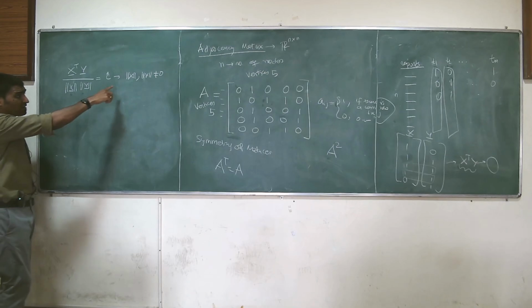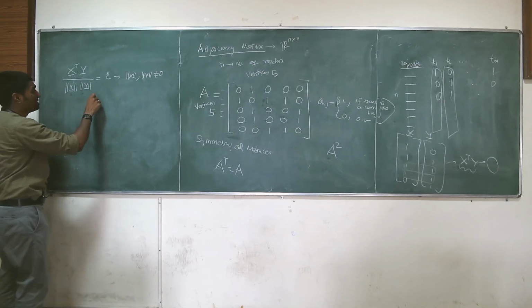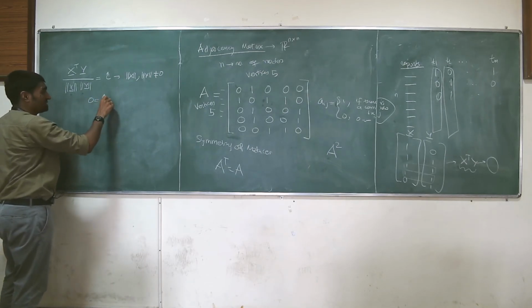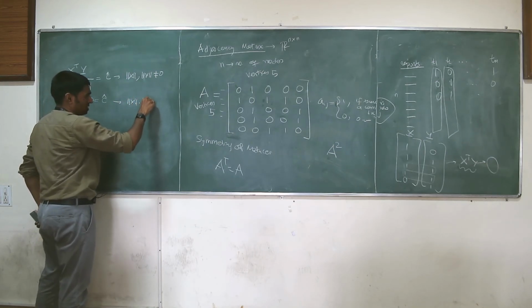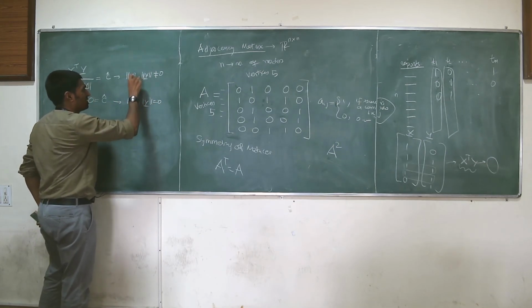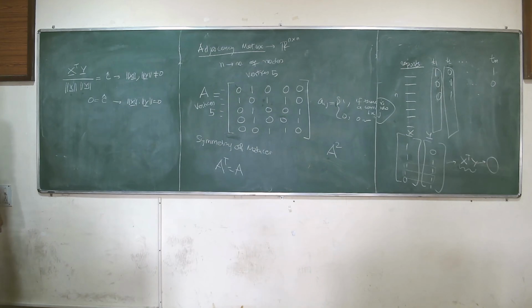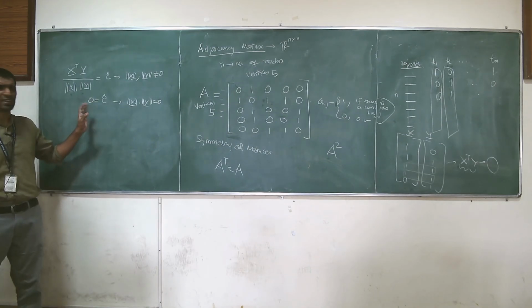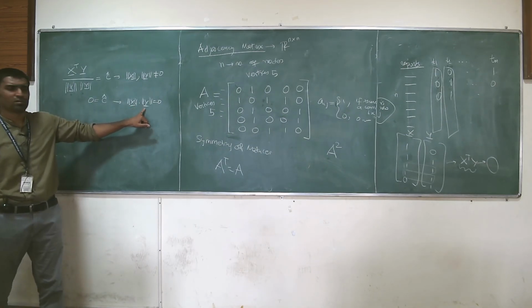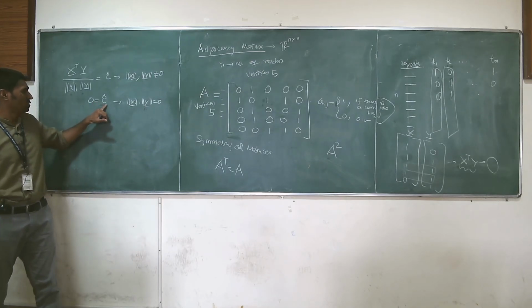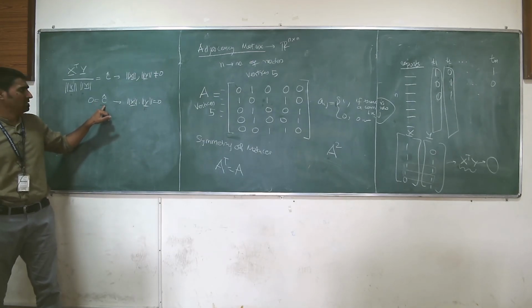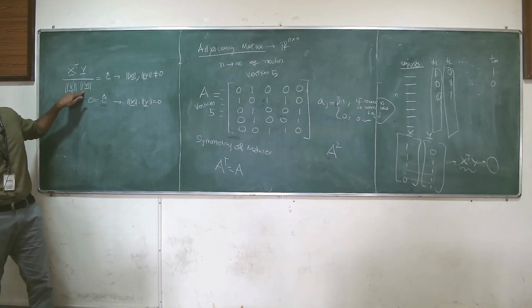If one of them is 0, then we'll simply define it as, we'll say C cap is 0. We are defining it. If any one of the columns is 0, then we define the co-occurrence to be 0, because the denominator is 0.